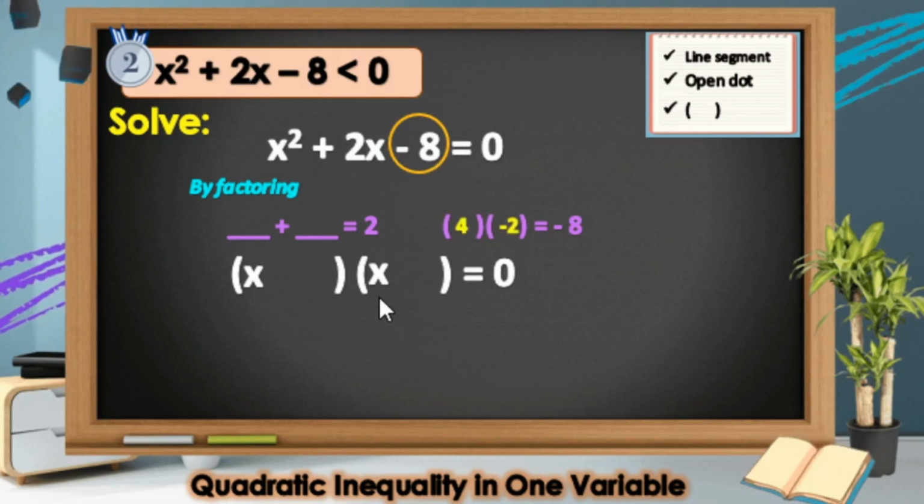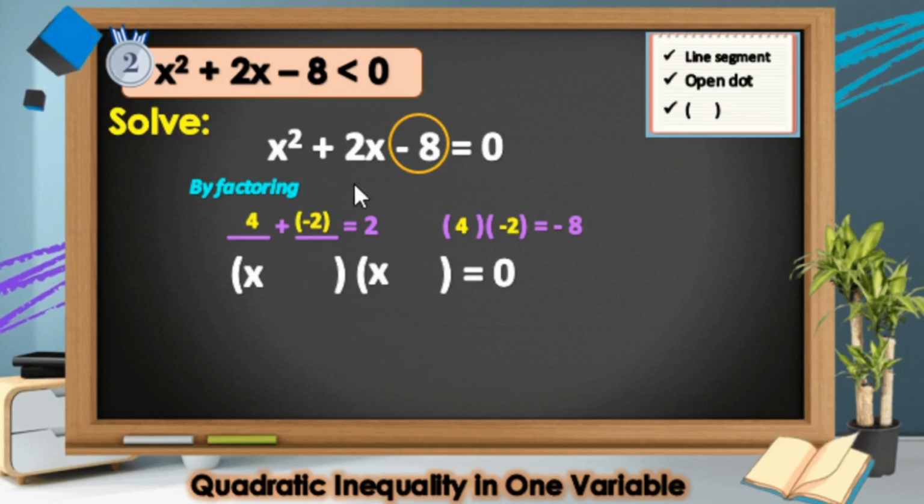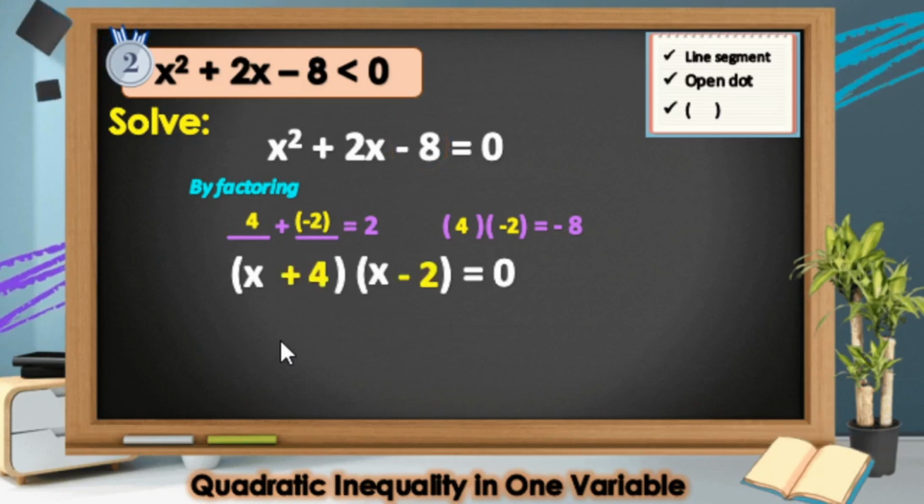So, the factors are 4 and negative 2. So, 4 times negative 2 is negative 8 and 4 plus negative 2 is 2. So, therefore, 4 and negative 2 ang kukumpleto sa ating binomial. So, we will have x plus 4 times x minus 2 is equal to 0. And then, we have to equate this equation into 0 or the zero product property.